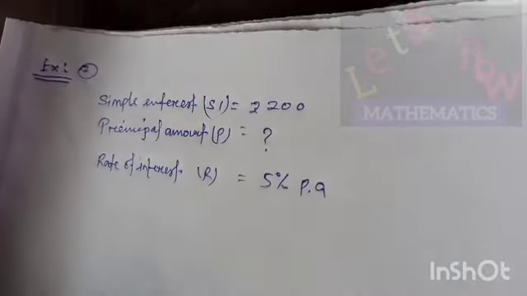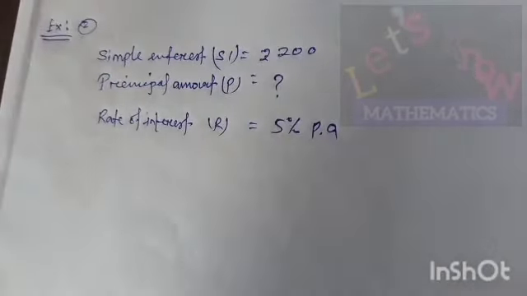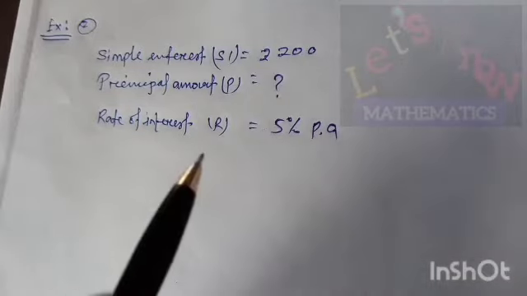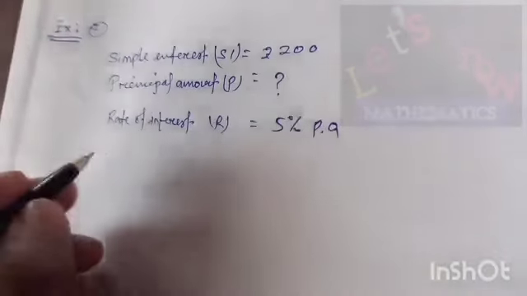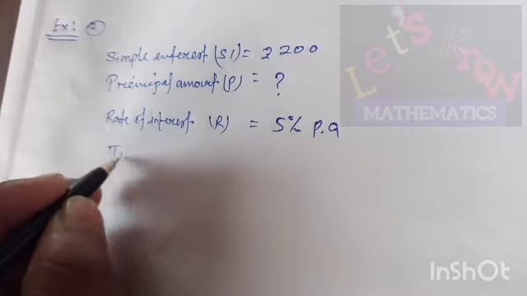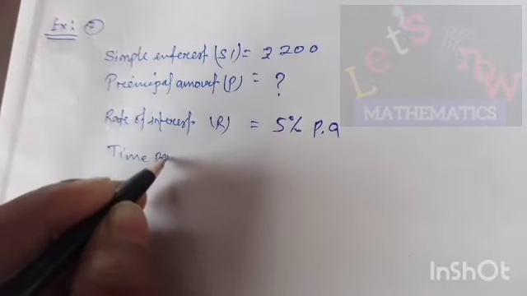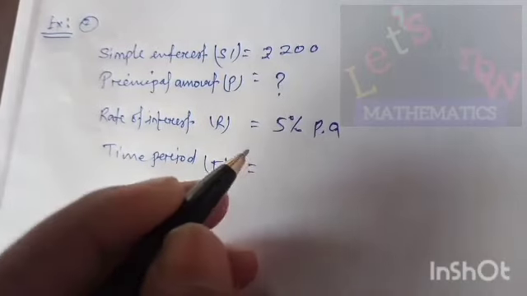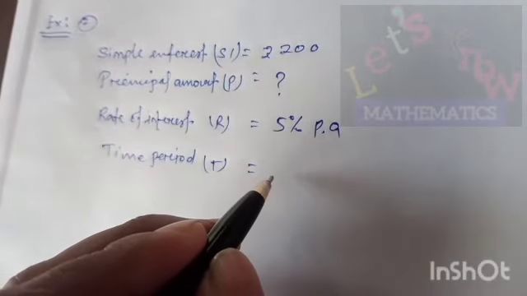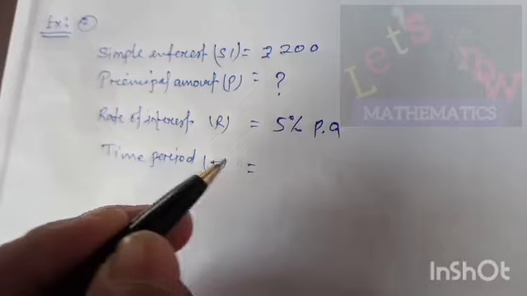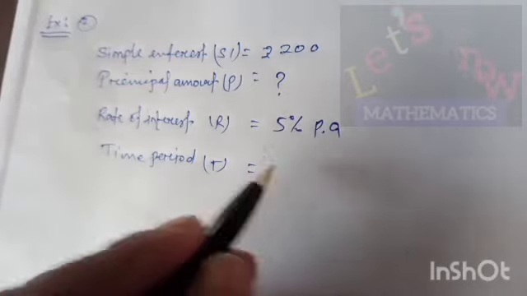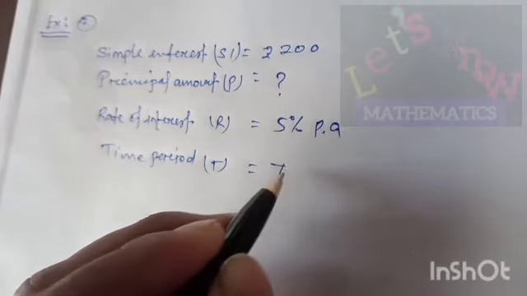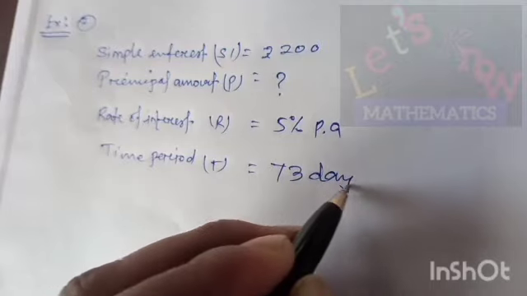Per annum means yearly, right? And the time is given as, suppose, 73 days.